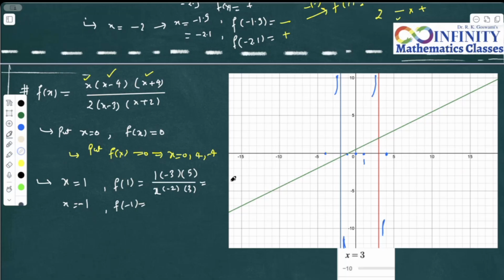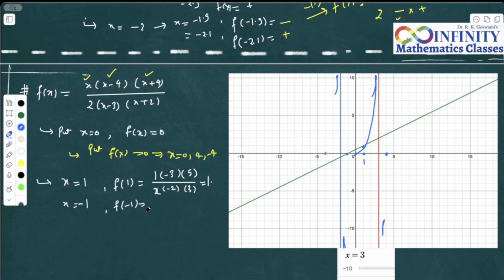So I think the value is going to be positive there without any issue. It is 5 by 4, which is going to be 1 point something, something that is positive. So this is the value. I'm expecting that I will come down from the top and touch this point. And then please help me with the value of f of minus 1.